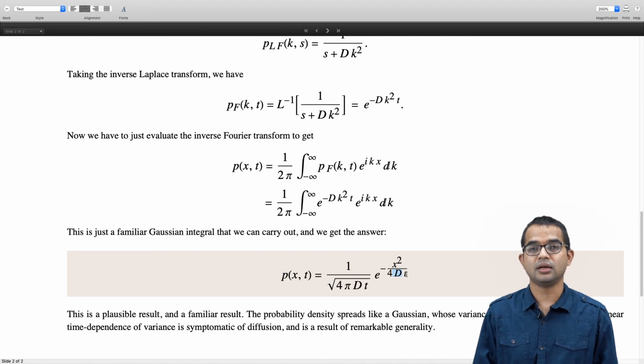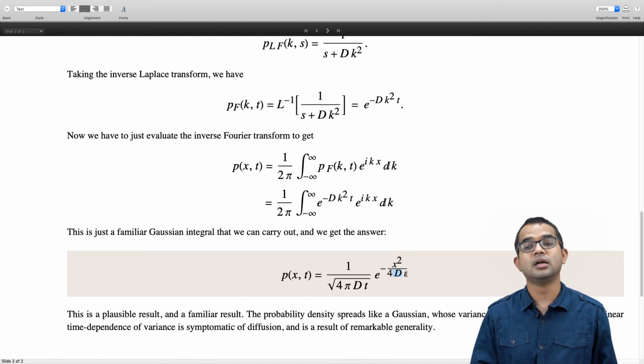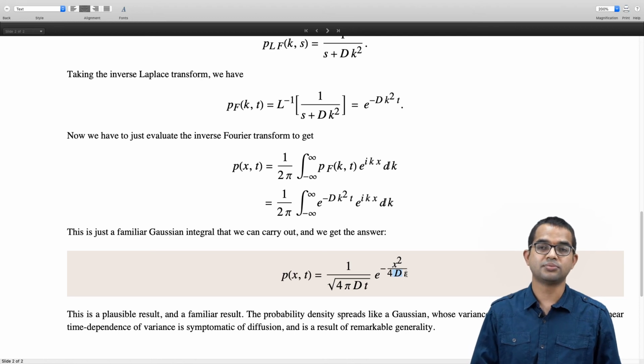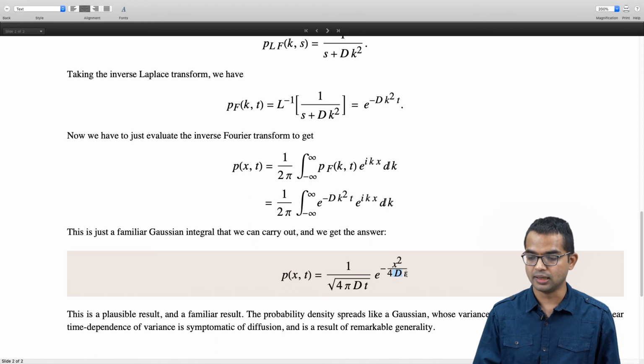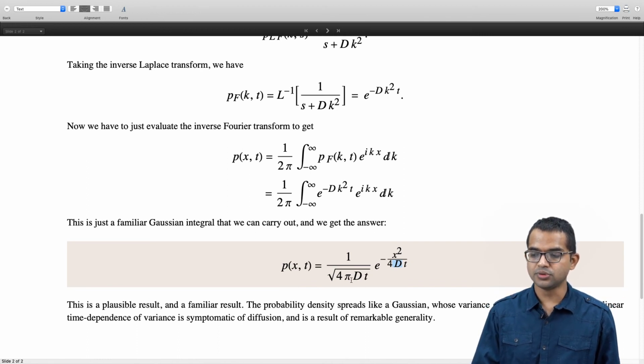So in ballistic motion, a walker that takes n steps covers a distance proportional to n, whereas in diffusive motion n steps will only give him a distance of order square root n. So that's symptomatic of diffusion, and it holds in different dimensions, in the continuous version, discrete version, and so on.